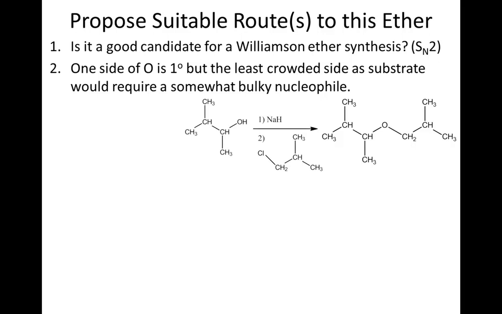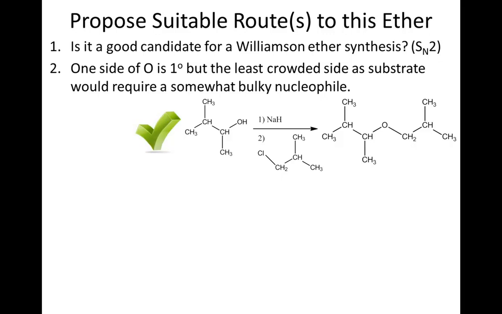So we might try that. And so we would take this alcohol, treat it with sodium hydride or sodium metal to make the alkoxide, the anion here, which is going to be the nucleophile to substitute for this leaving group. So we could try that, and technically that looks okay. It's just this is a fairly bulky nucleophile, and so it might work, but you're never going to get 100% yields.